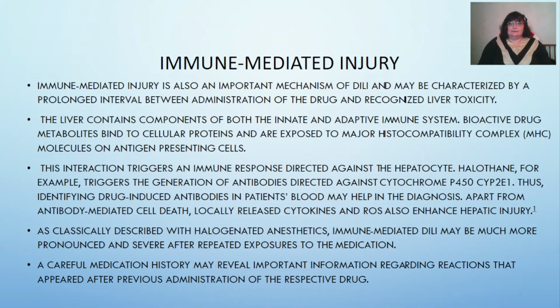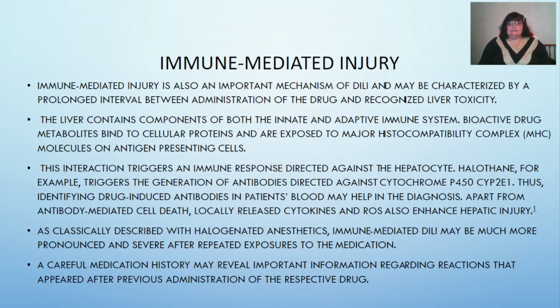Halothane, for example, triggers the generation of antibodies directed against cytochrome P450, cytochrome 2E1 source. Identified drug-induced antibodies in the patient's blood may help in the diagnosis. Apart from antibody-mediated cell death, locally released cytokines and ROS also enhance hepatic injury.